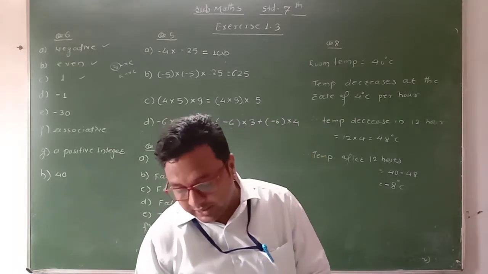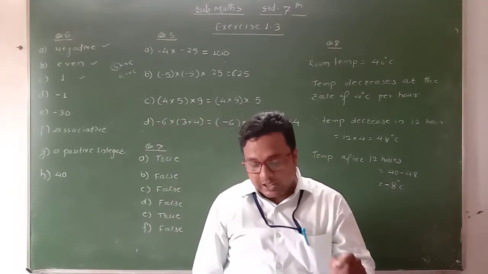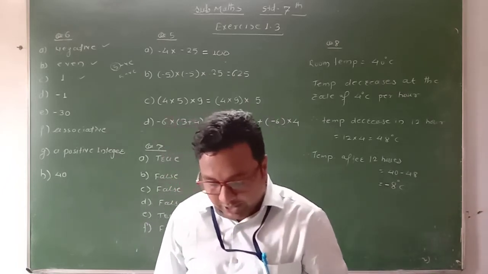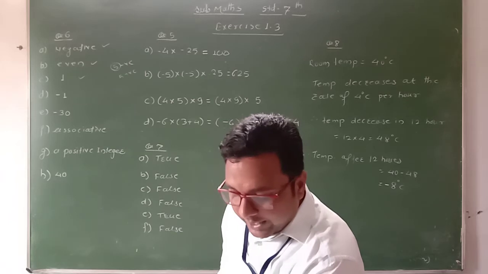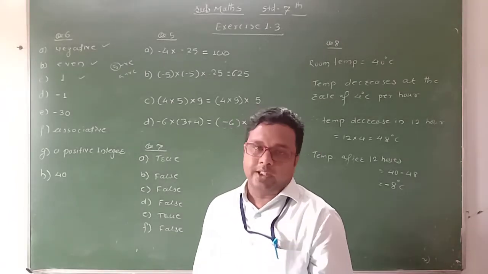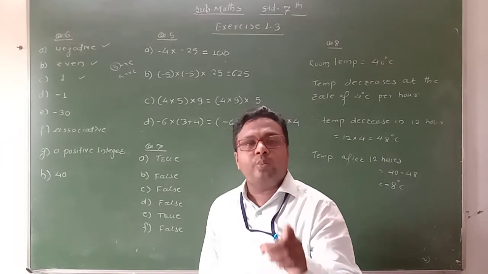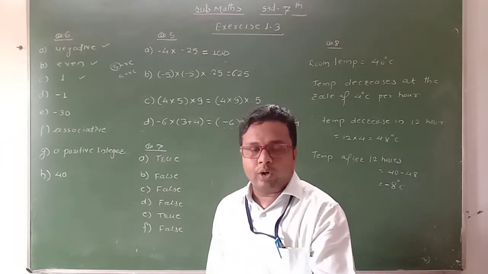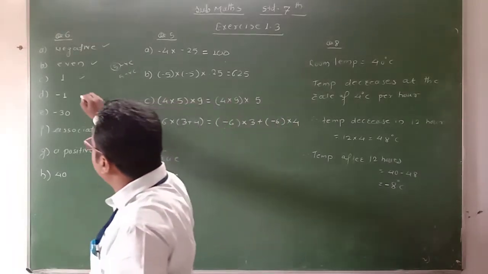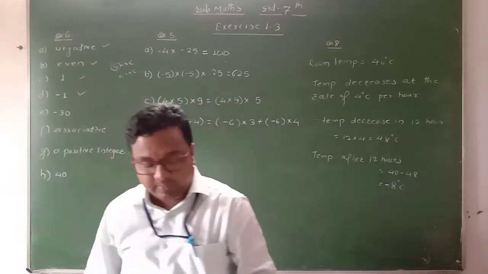Then the next statement: the additive inverse of an integer a is obtained by multiplying it by... If you have to find the additive inverse of any integer, what do we have to do? You have to multiply with minus 1. It means we change its sign. Therefore the answer here is minus 1.